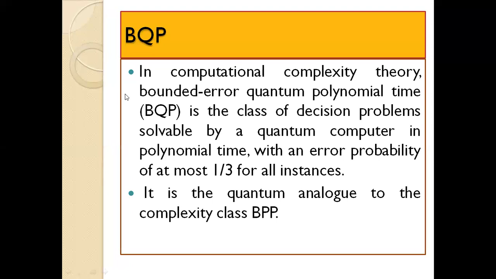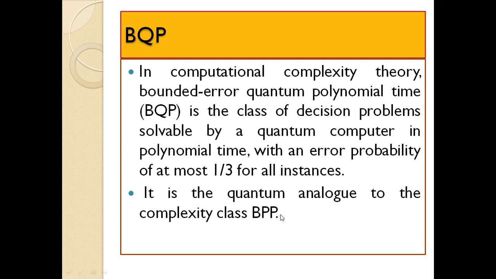BQP, what is that? In computational complexity theory, bounded error quantum polynomial time. Remember, bounded error quantum polynomial time, shortly we call it BQP, is a class of decision problems solvable by a quantum computer in polynomial time with an error probability of at most 1/3 for all instances.